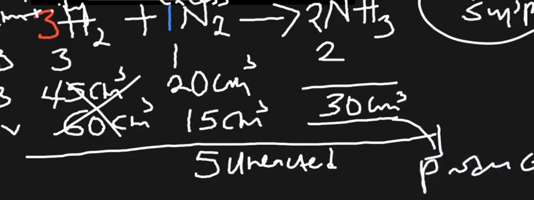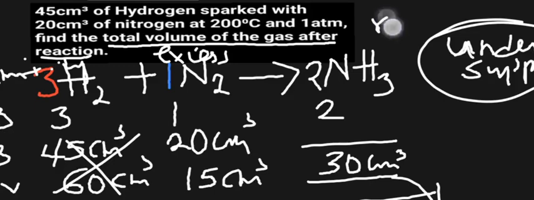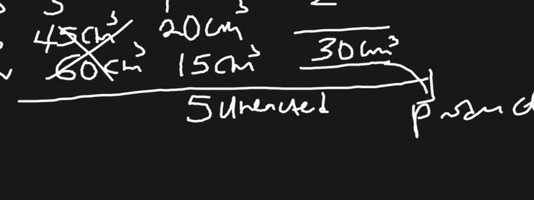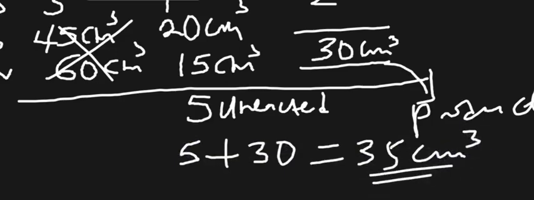So the ammonia is 30 cm cube inside the container. In this case, you are asked to find the volume of the gas after reaction, which is also referring to the residue gas. It is the sum of the unreacted gas and the products. So when you get such a question, total volume of the gas means the volume of the residue gas. So 5 plus 30 will give you the volume of the residue gas, which is 35 cm cube for this question.